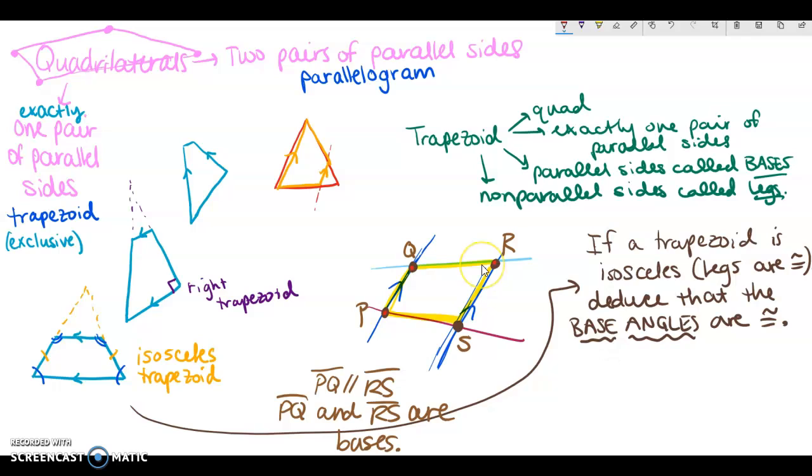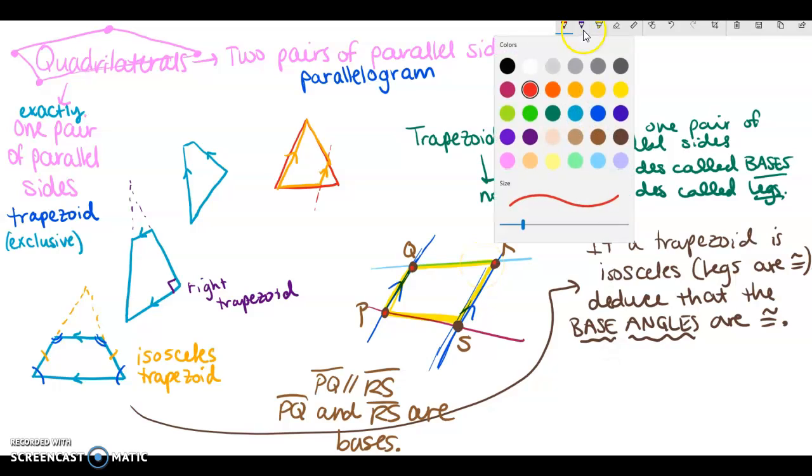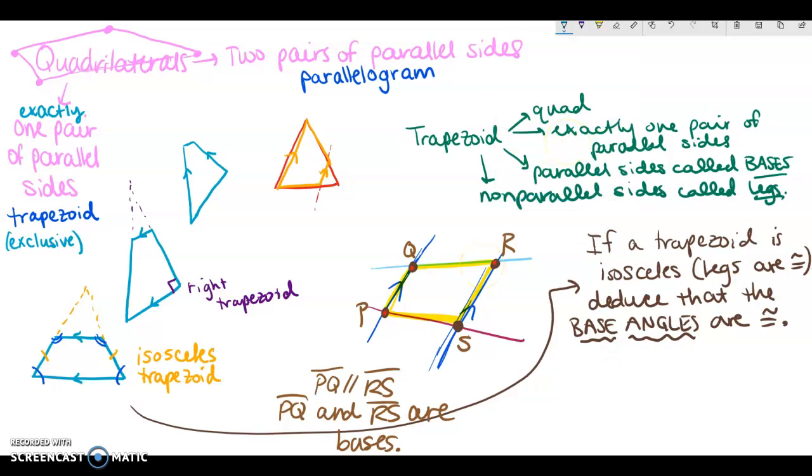And then the other set of base angles are on the other base. So angle QRS and angle RSP are base angles. So if a trapezoid is isosceles, that means the legs are congruent.